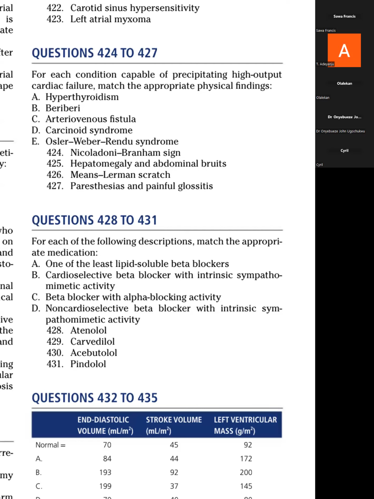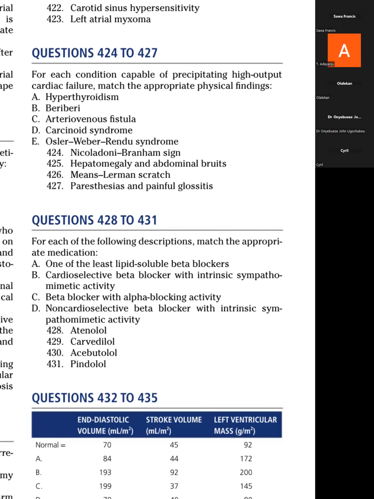It's also important to note that in chronic alcoholics, if a patient has already developed alcoholic cardiomyopathy, it's possible that there will be exacerbation of this condition because of thiamine deficiency that is also associated with chronic alcoholism. So the answer to 427 is B, beriberi.